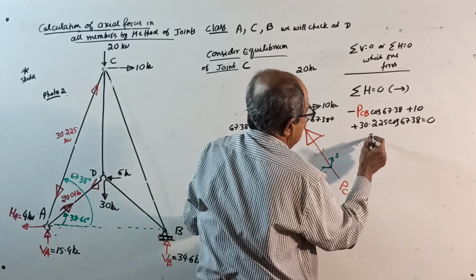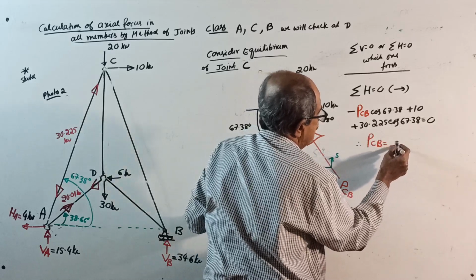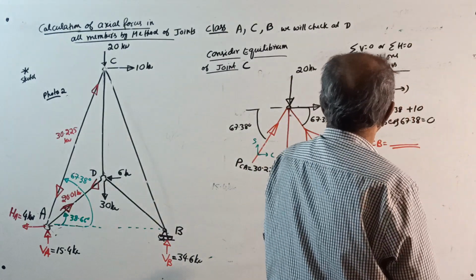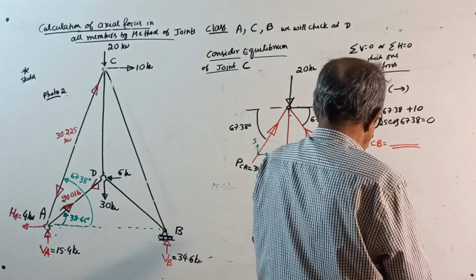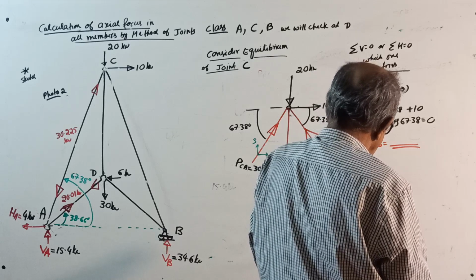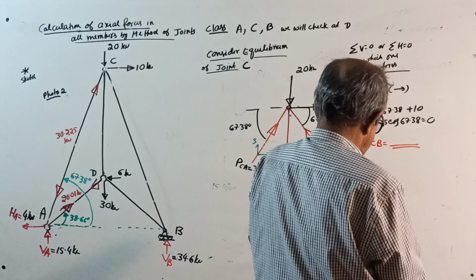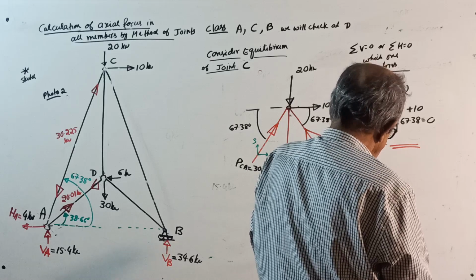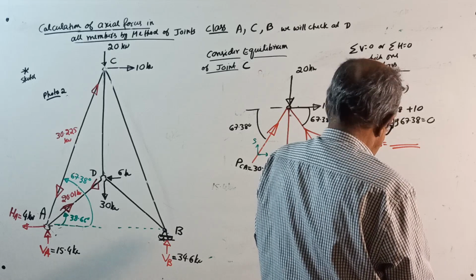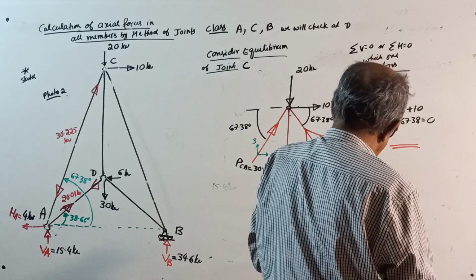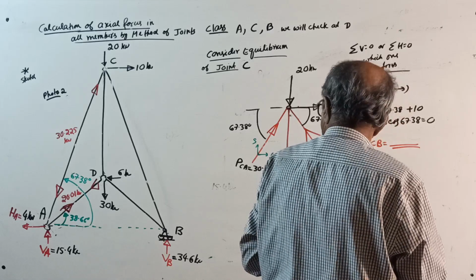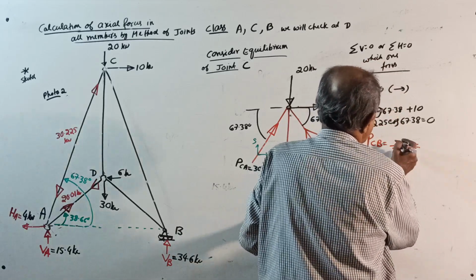Therefore, you will get the value of PCB first. PCB will come: 10 plus 30.225 into cos of 67.38 plus 21 divided by cos 67.38, plus 56.225.